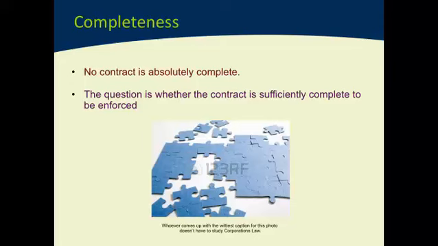So the court will say, has the contract got enough detail in it that we can properly understand the obligations of each party, that we can properly understand what it is that the parties were actually ad idem about, and so that we can properly understand what it is that the plaintiff party is actually asking the court to enforce. So the requirement for contract formation is not absolute completeness, it's just sufficient completeness.